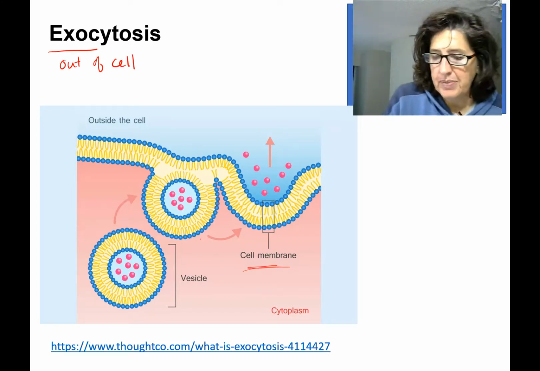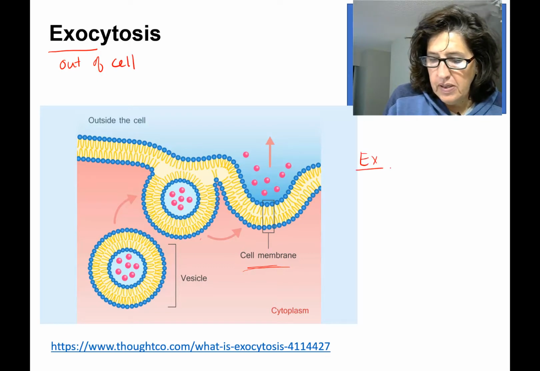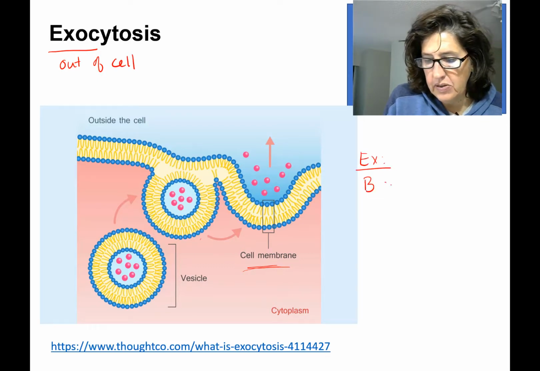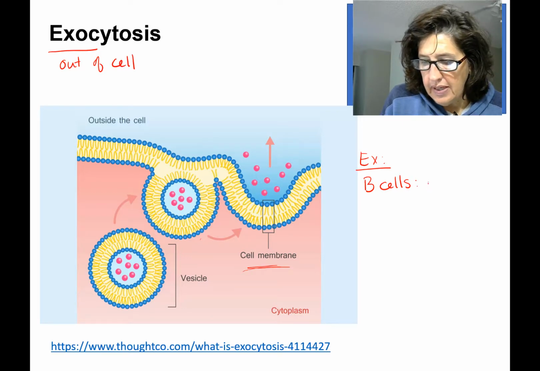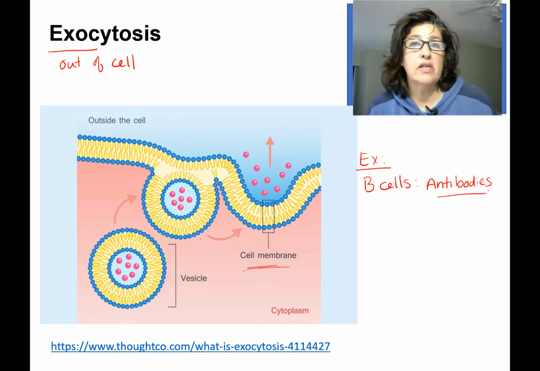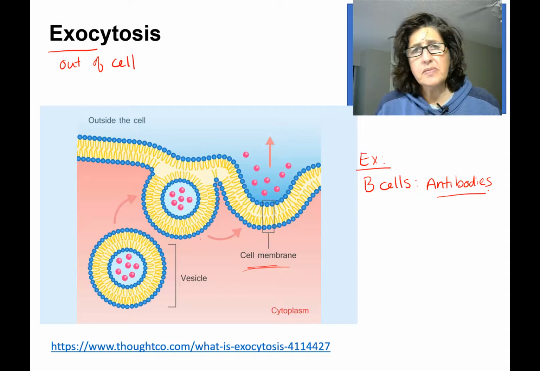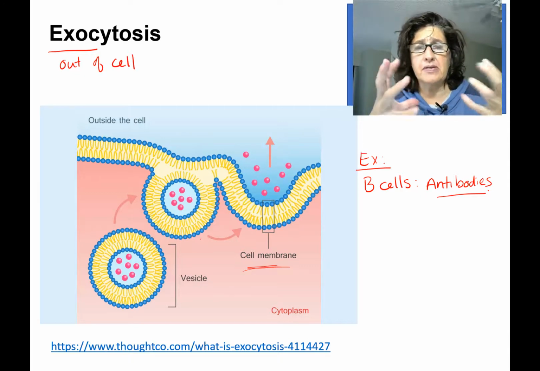So where might this happen? An example is your B cells, part of your immune system. They produce antibodies. These are really important for an immune response and for protecting you from future infections. And so B cells make these antibodies in bulk.